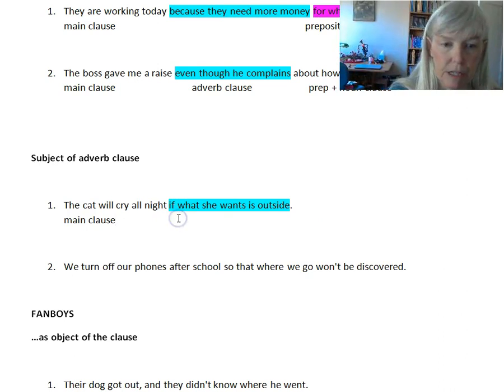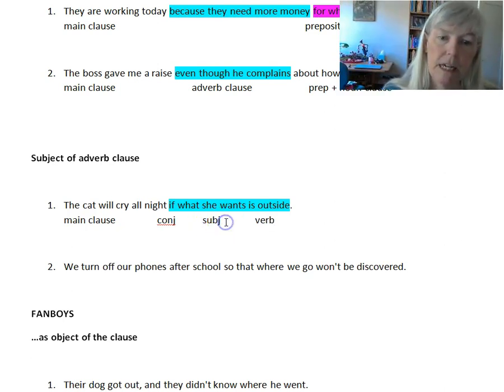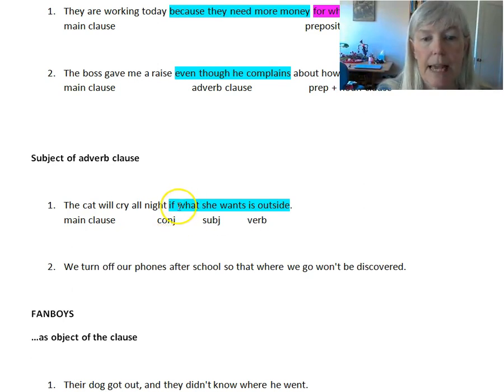So we have the conjunction if, the subject, what she wants, and the verb is. What she wants is a noun clause subject of the if clause. So this is an if clause, but it has a noun clause subject. A noun clause can be the subject, the object of a preposition, of any clause.